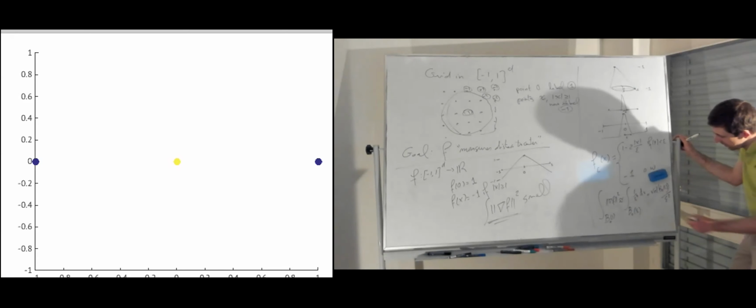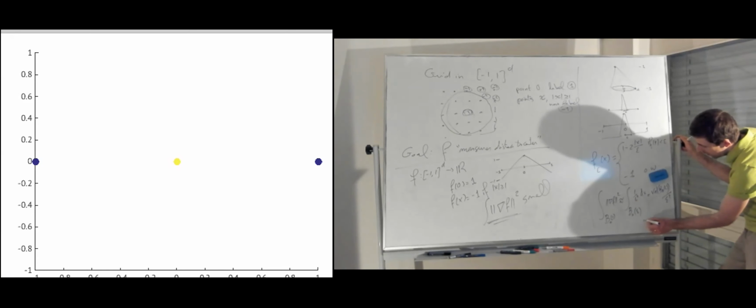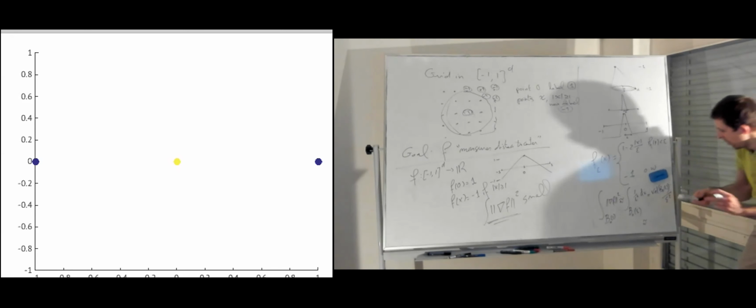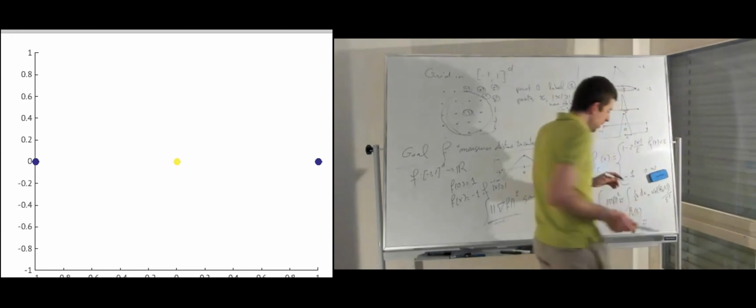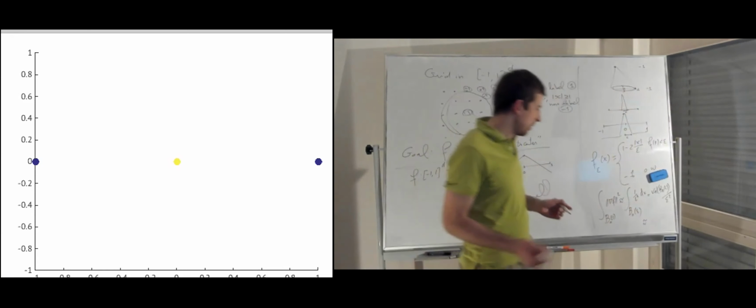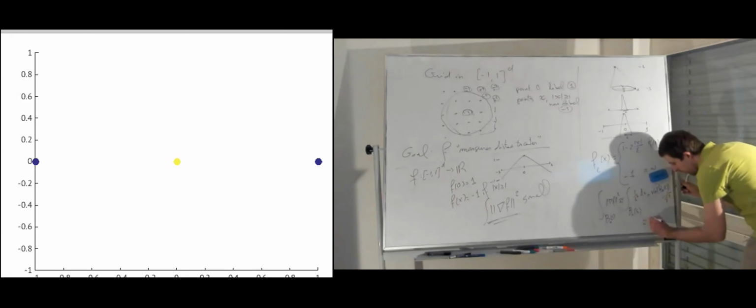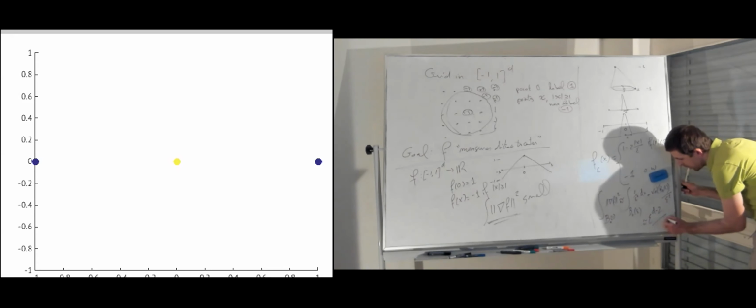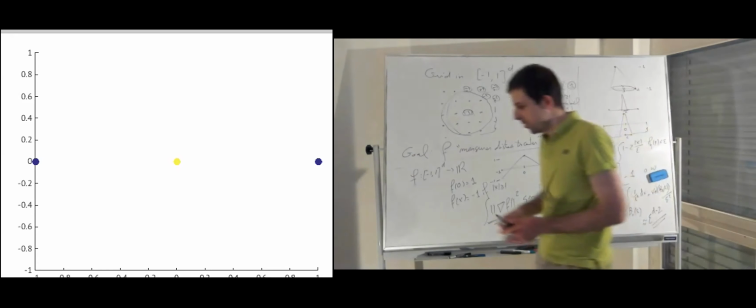Now the volume in d dimensions of something with radius epsilon is just epsilon to the d. So this will be of the order of epsilon to the d divided by epsilon squared, so of the order of epsilon to the d minus 2.